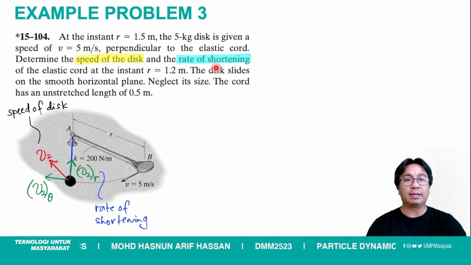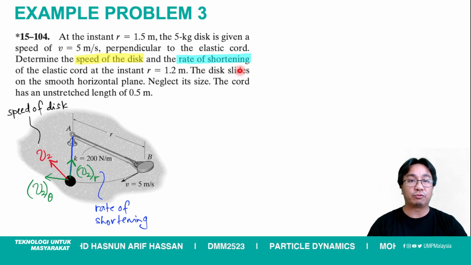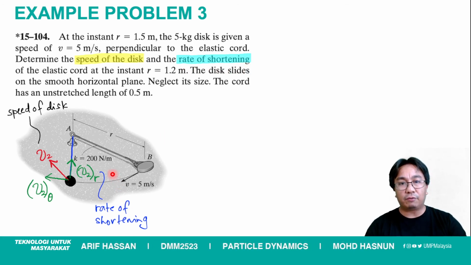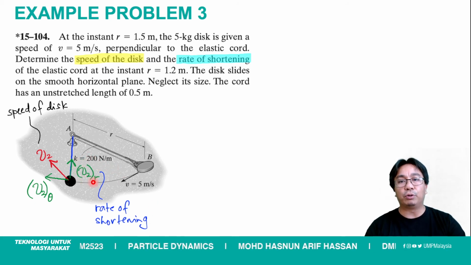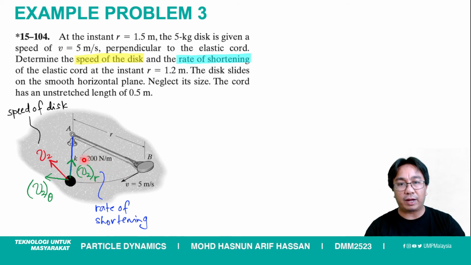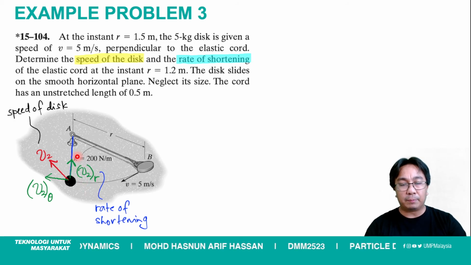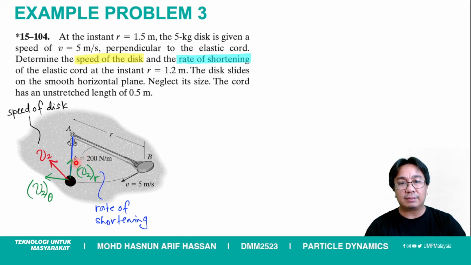Now the second thing we have to calculate is the rate of shortening. Remember, the rate of shortening is represented by the radial component of the velocity. Therefore, we need to find this, but we cannot find it straight away.